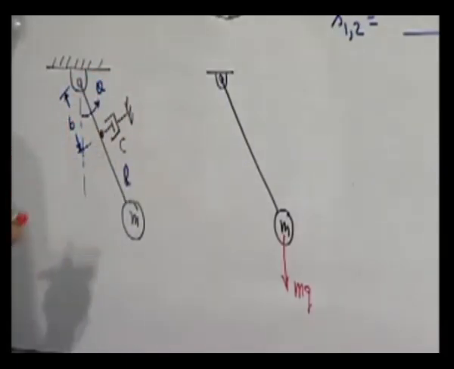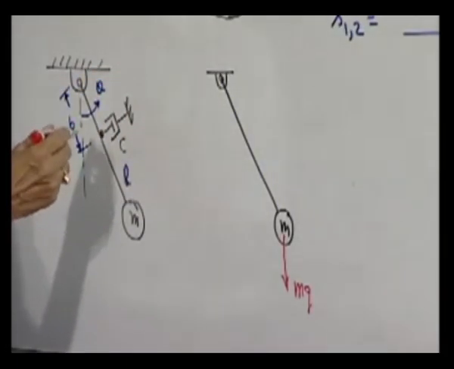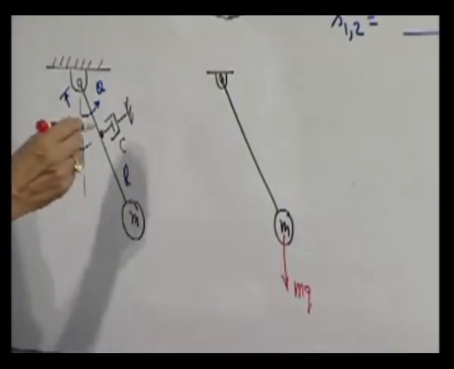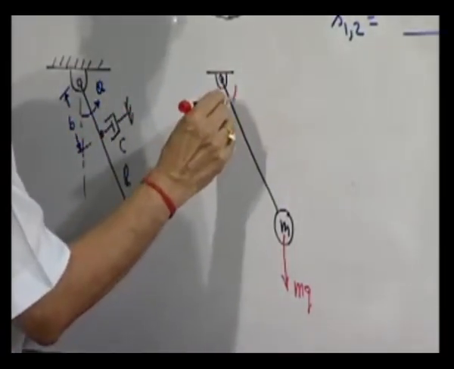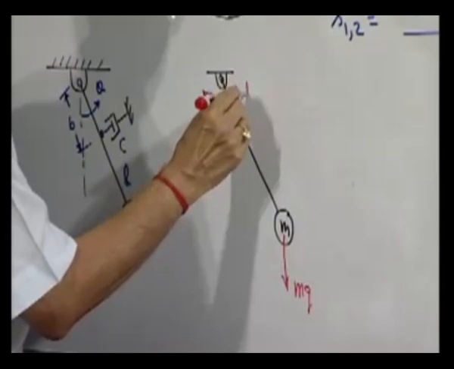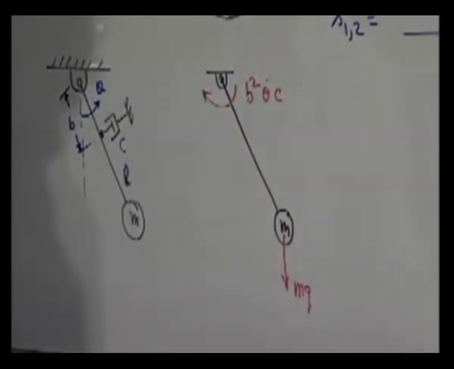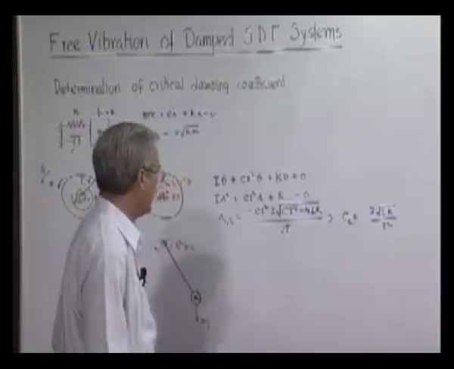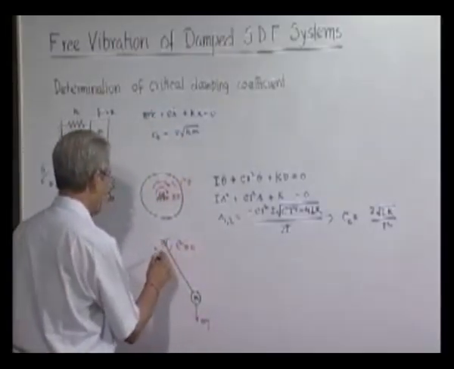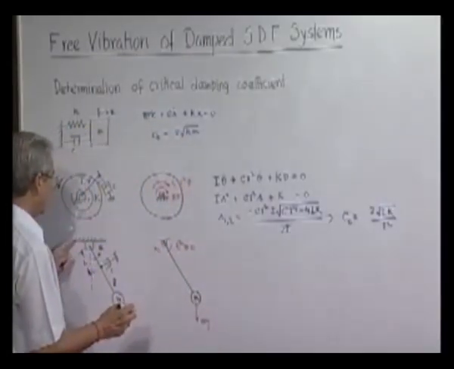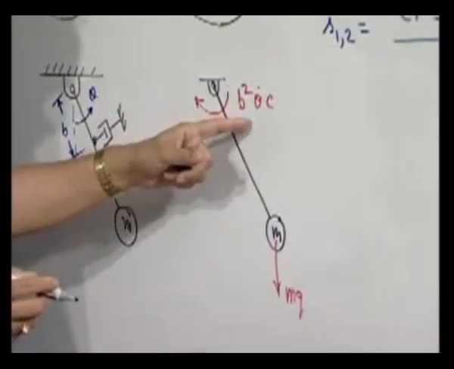So, force will be c into b into theta dot, and its moment here will be c into b into theta dot into b. So, therefore, b square theta dot into c. Now, so the moment of the damping force is given by this.